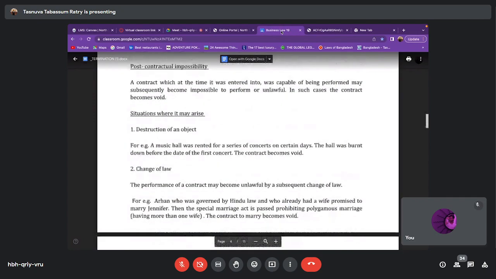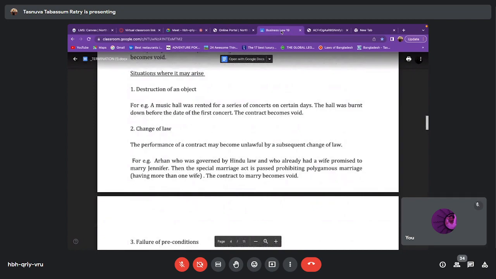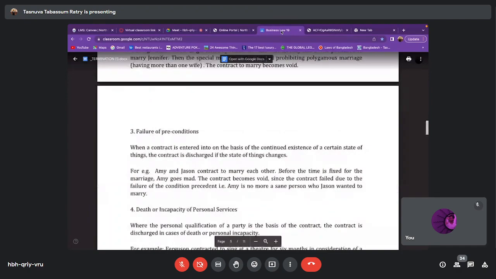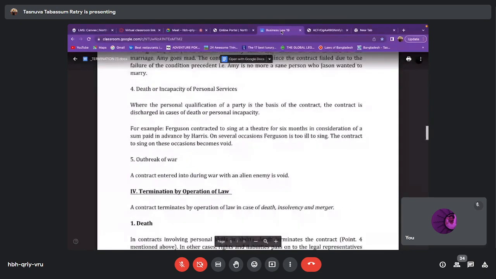The situation can be when the object of the contract is destroyed; where there's any change of law, and due to that subsequent change of law the contract becomes unlawful; when there is a precondition attached, where there's a continued existence of a certain state of things and that state of things has changed, and due to the failure of that precondition the contract is discharged; when one of the contracting parties' personal qualification is the basis of the contract.